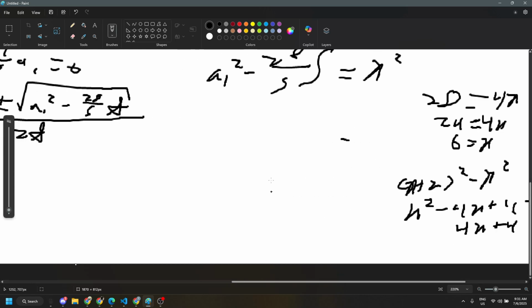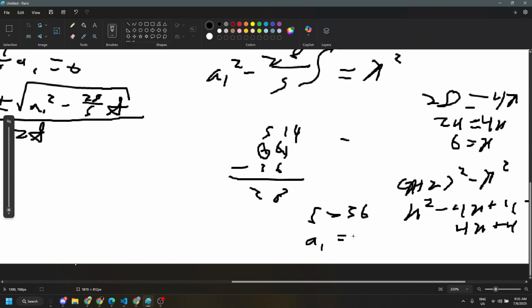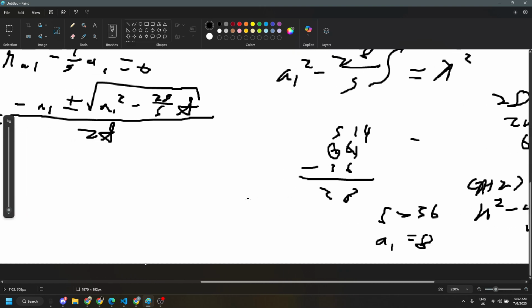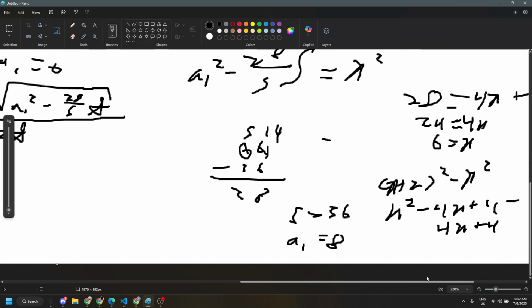So 6 is the lower, so it's 64 minus 36, which is 28. Okay, so this is 28. So if we say s is equal to 36 and a1 is equal to 8, then we get, oh, but s isn't divisible by 5.